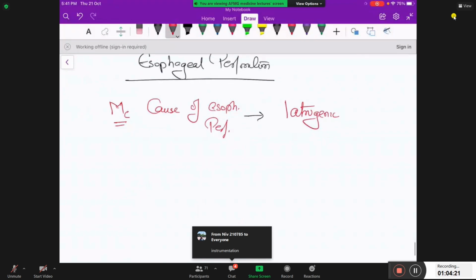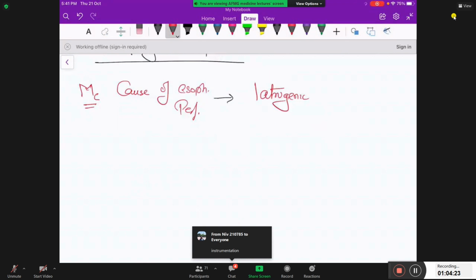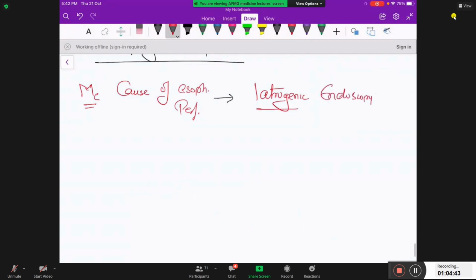What is the iatrogenic cause? The doctor is doing it, obviously, but what the doctor is doing leads to perforation? Endoscopy. So during endoscopy, most of the time the esophagus gets perforated. But please be careful.